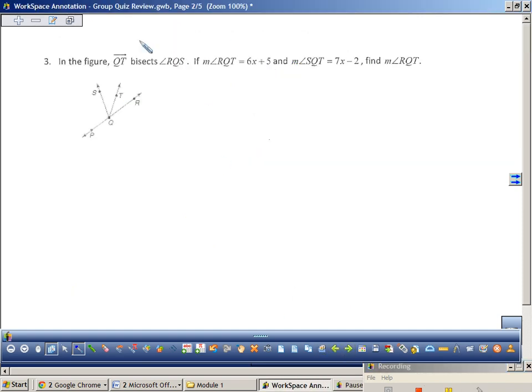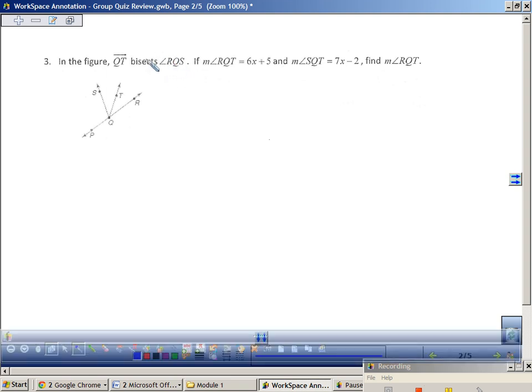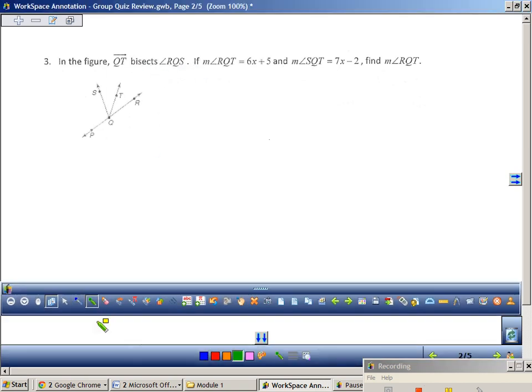All right, number 3. In the figure QT bisects angle RQS. All right, where is RQS? Let's look. RQS. And it tells me that QT bisects it.